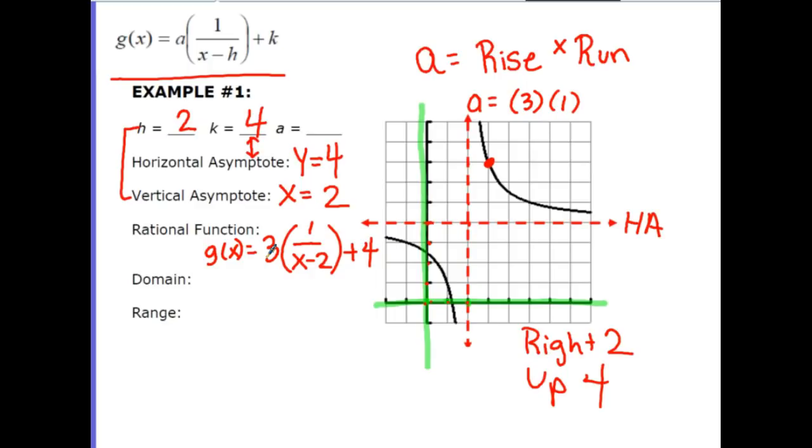The domain is all real numbers except the asymptote. The domain is all real numbers except x equals 2. See if I can fit that in there.